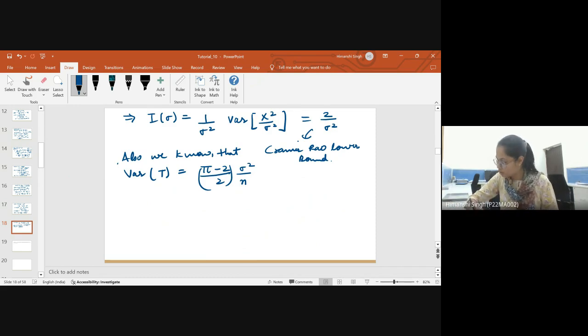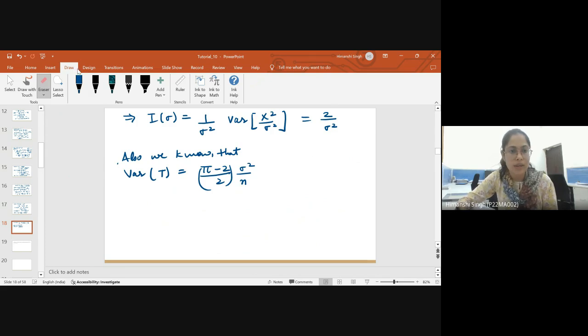Sorry, we have calculated the Fisher information. So the Cramer-Rao bound will be 1 upon n into I theta. So I theta will be 2 upon sigma square, so it will be sigma square by 2n.